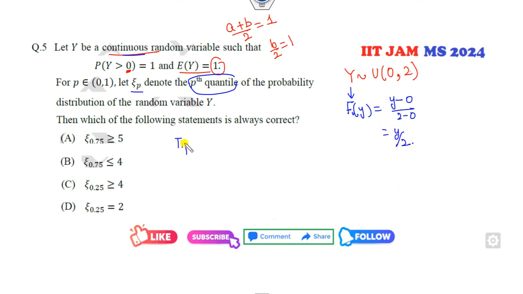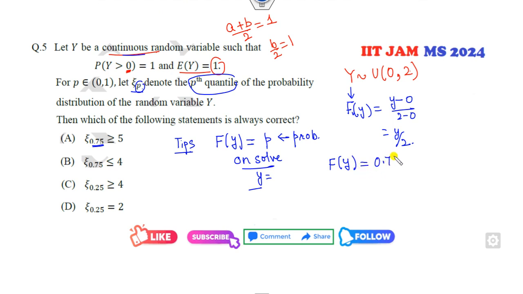Now the question is, you have to find the quartiles of this. What is the tip for you? Whenever you want to find the pth quartile, write the CDF equal to the probability p, and solve to find the value of y. So look at that. What does the statement suggest? Xi of 0.75, first case. So that means CDF of y is 0.75. The CDF is y over 2.